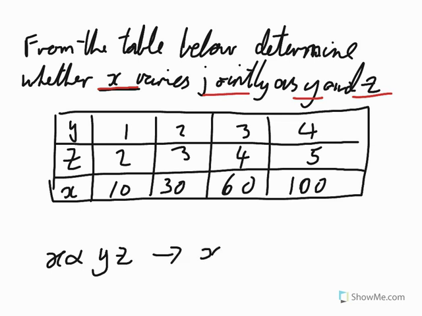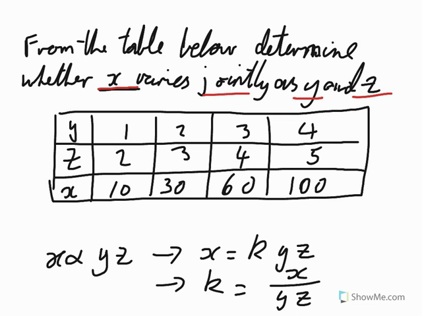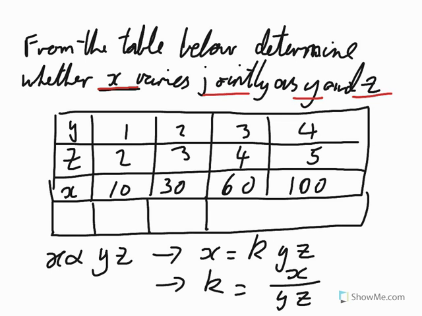So from that we'd say that x equals k, some constant, times y times z. Then we'll take that one step further: k would be x over y times z. So if we have a look at another row here, and in that other row we put x divided by y times z, let's see what we end up with.